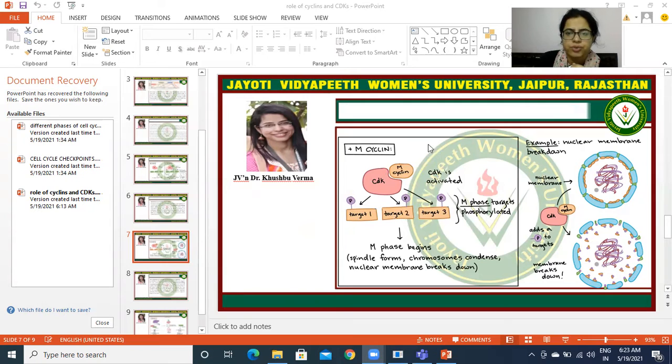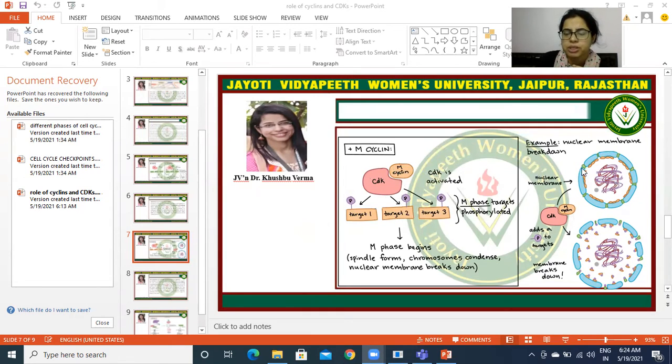After the phosphorylation of targets, M phase begins, meaning mitosis division starts, spindle fiber forms, chromosome condensation happens, and nuclear membrane breaks down. So if we are talking about the role of M cyclin, nuclear membrane breakdown is the result of M cyclin activation of CDK.